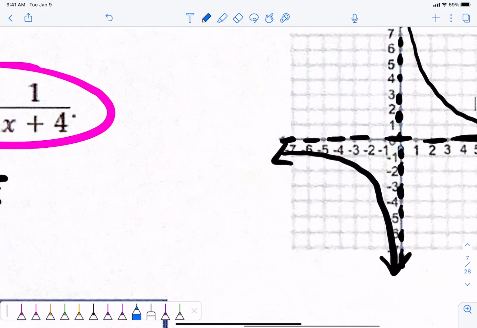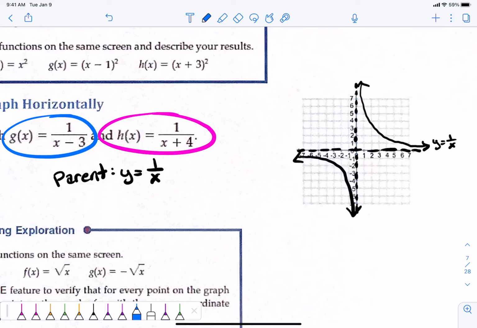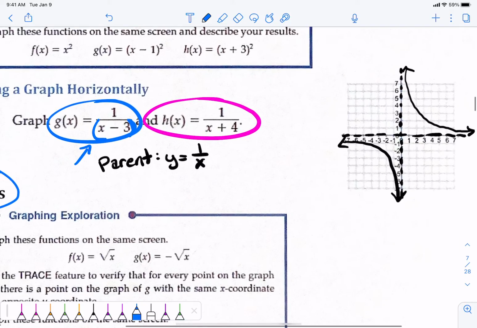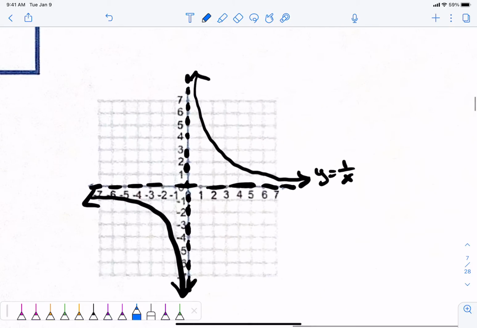Now, when I'm doing 1 over X minus 3, this guy is technically in parentheses in the bottom. That's moving him 3 to the right. When you're graphing him, I would shift the asymptotes first before you graph him. If I'm moving him 3 to the right, the horizontal asymptote is going to stay in the same spot.